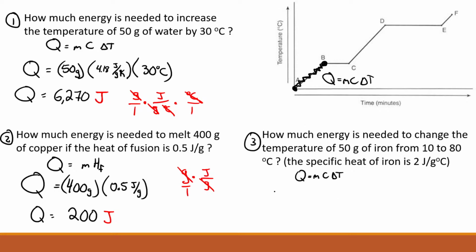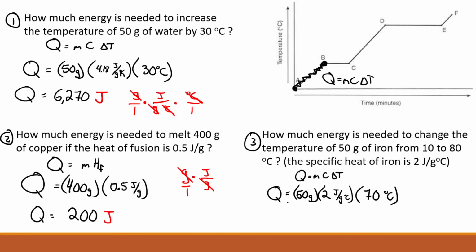They're asking us for energy again. So we're looking for Q given a mass, given a specific heat, given a start and a finish, allowing us to find a change in temperature, right? From 10 to 80 is a change of 70.